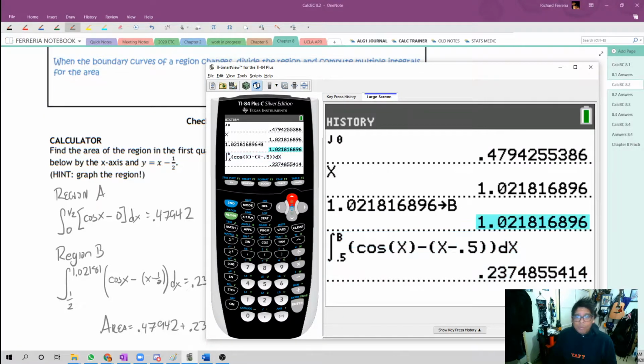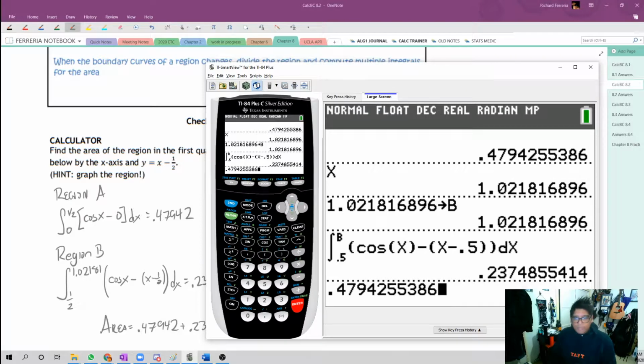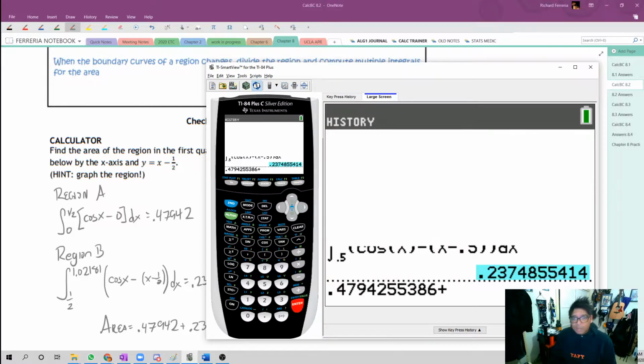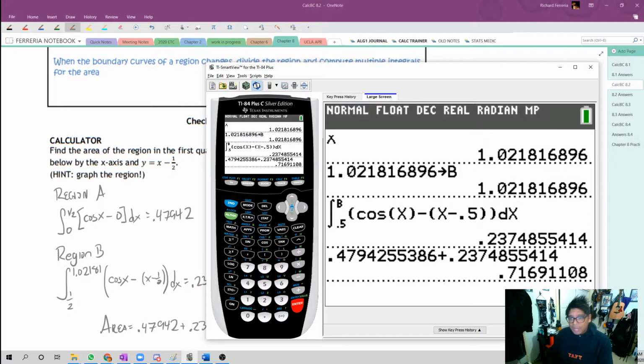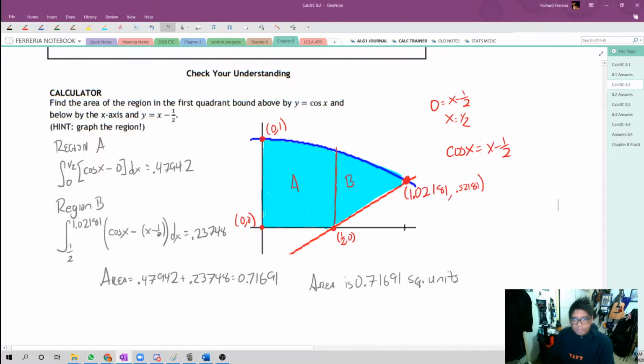So the first one here is 0.479, plus, scroll up to the 0.237, and we'll add those together, 0.71691. So we've got the area is 0.71691 square units.